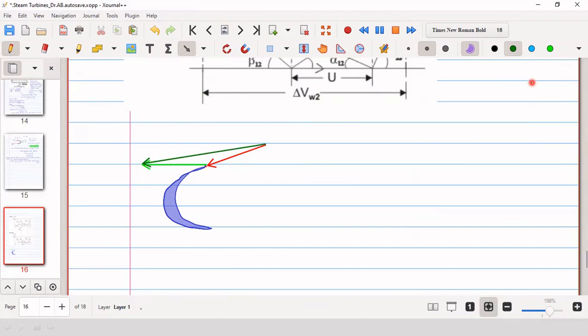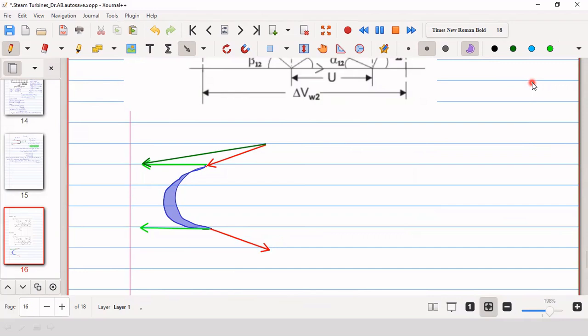So this is the inlet velocity triangle, and a similar triangle can be drawn at the exit also. You take the same value of blade velocity at the exit, and then the exit velocity from the blade is tangential to the blade like this. So if beta 1 and beta 2 are the same, it may be like this.